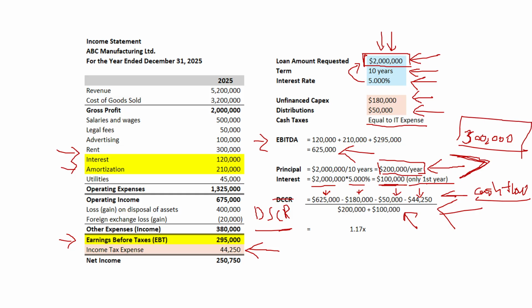So once you do that division, all that adding and dividing, you end up with 1.17 times. Okay, so what that means is that with the company's cash flows, they can actually cover over 1 time, so 1.17 times the total debt obligations.